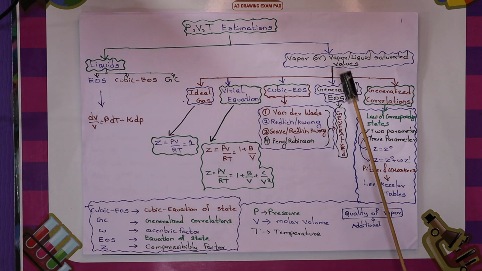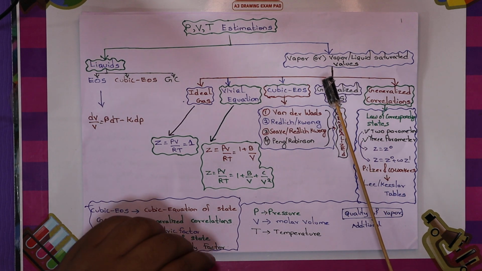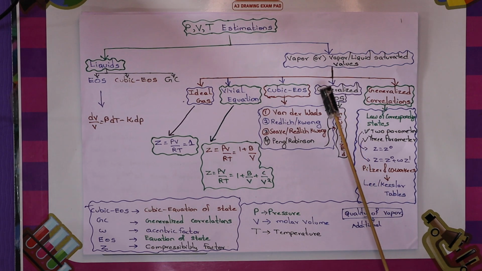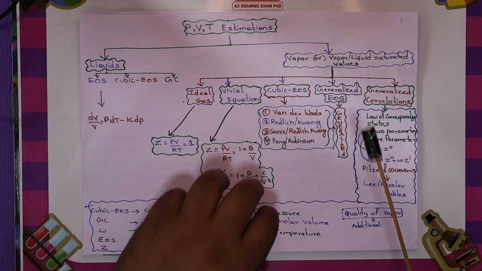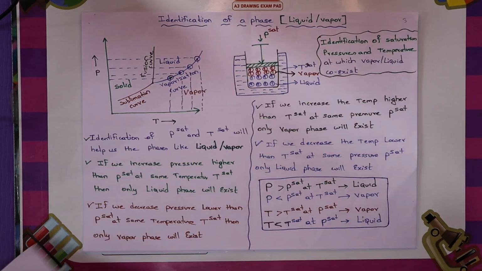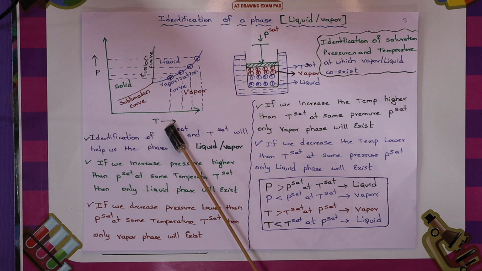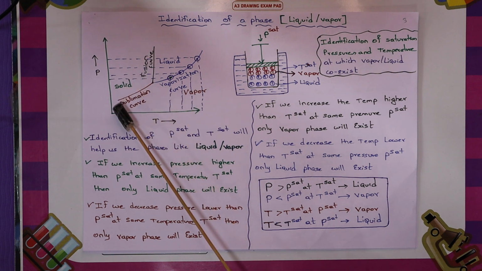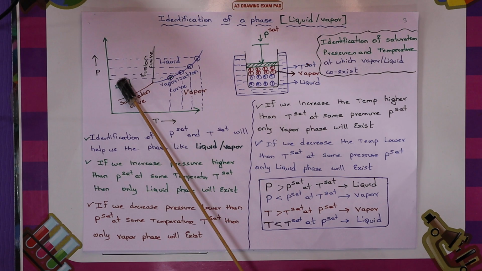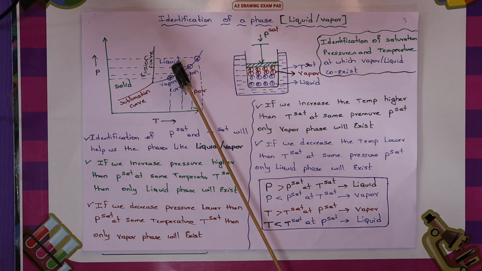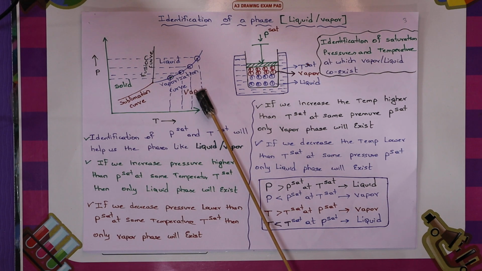I have a small common-sense procedure to identify what kind of phase we are dealing with for a particular substance. Imagine that we have already discussed the PT diagram, on which we have three things: a solid phase, a liquid phase and a vapor phase. We are at the border of the liquid and vapor phases.